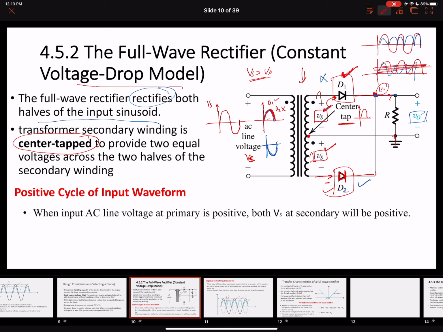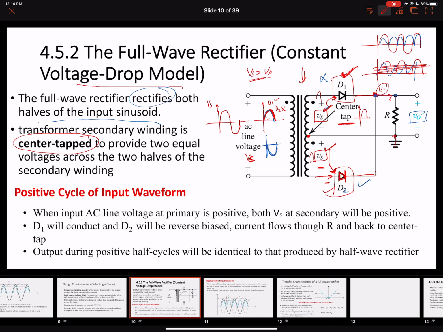This positive will make D2 reverse bias, because D2 is connected to the negative terminal of this winding. So D1 will conduct and D2 will be reverse bias. Current will flow through R and back to the center tap. So current is going to flow through this resistance and back to the center tap to complete the circuit, and we're going to get the rectification.